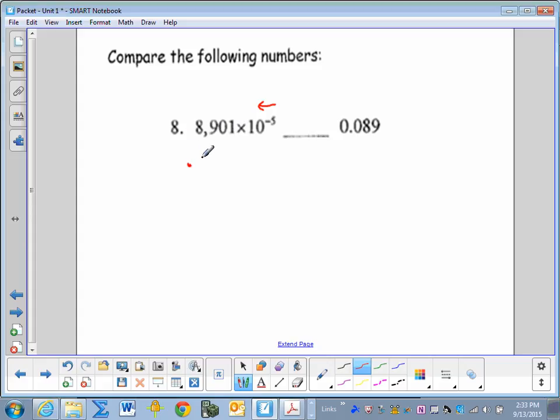So 0.08901 compared to 0.089. So let's think about that. 0.089, and then this is what? 0, 0. So this one is a little bit bigger. So this is greater than that one.